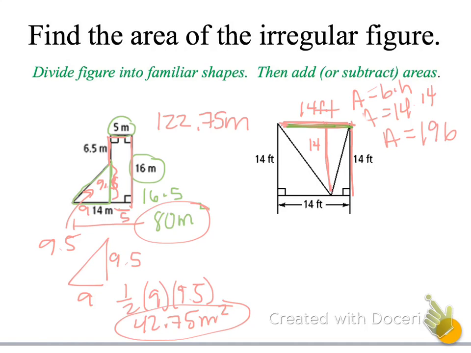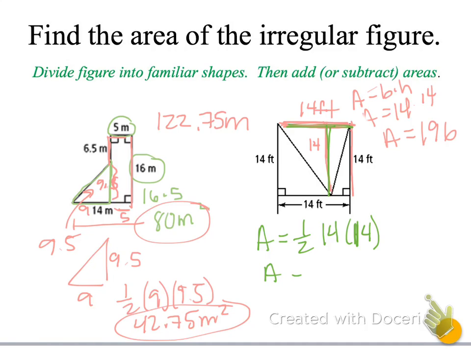With that side being 14, the height being 14, the area equals, for triangles, 1/2 base, so 14 times my height, 14. So we're going to take 14 times 14 times 0.5.